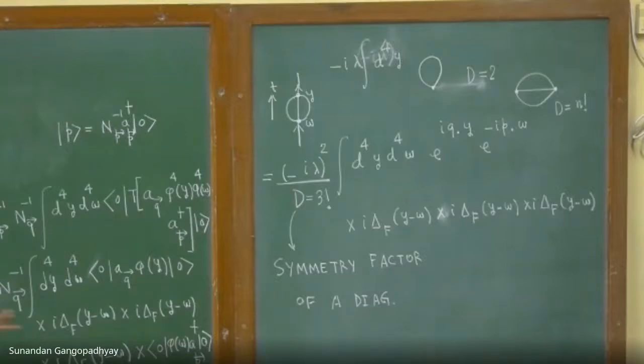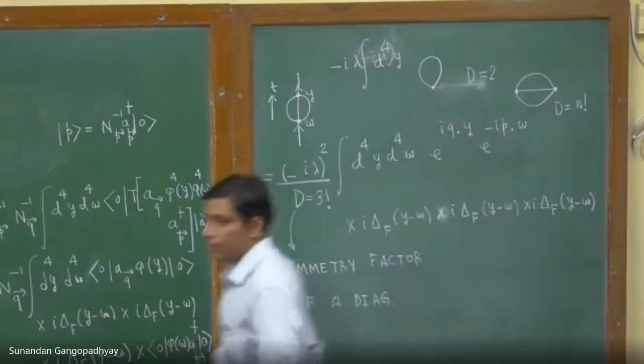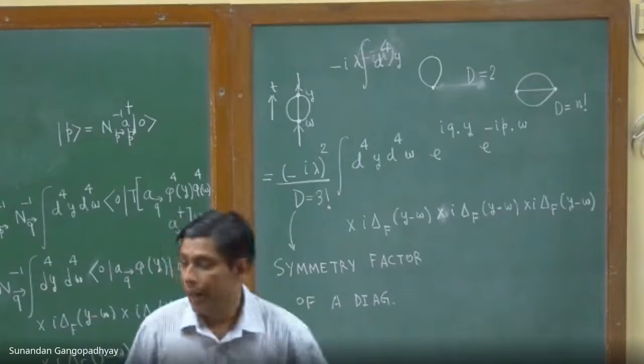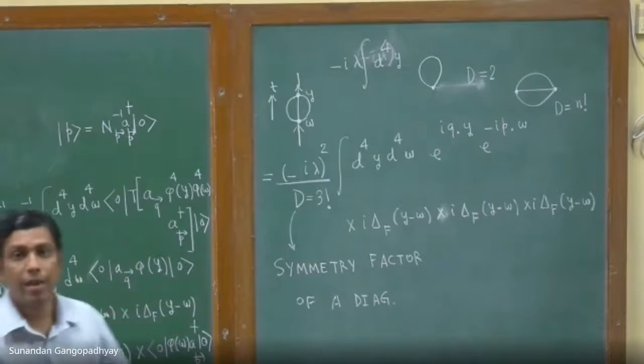So there are 2 simple rules. Let me just repeat. If you have a propagator whose 2 ends are joined to a single point, so it gives you a loop basically, then that particular thing gives you a symmetry factor of 2, and every pair of vertices which are joined by n propagators will give you a symmetry factor of n factorial.